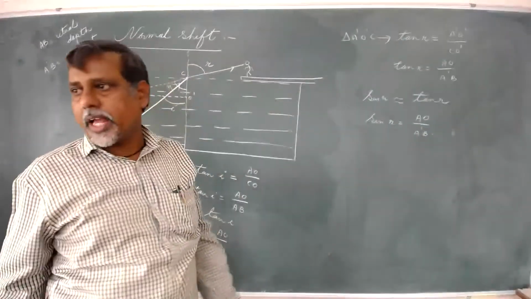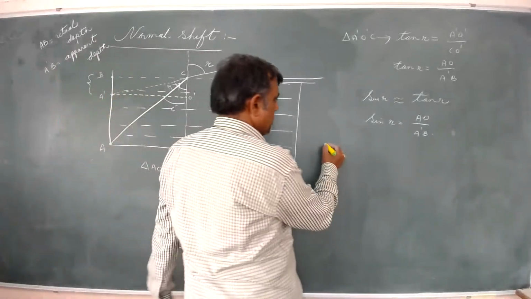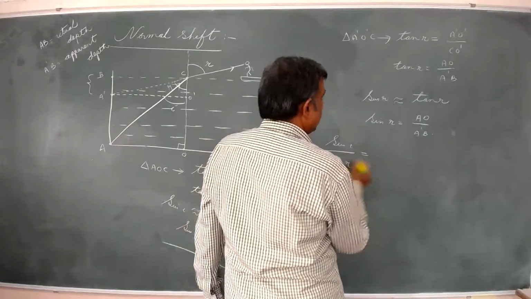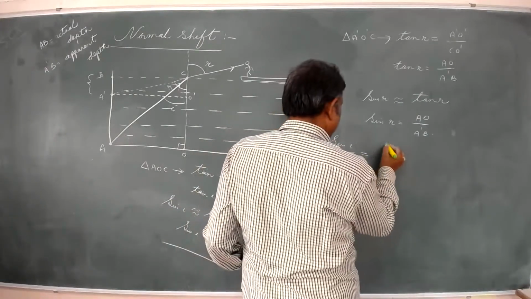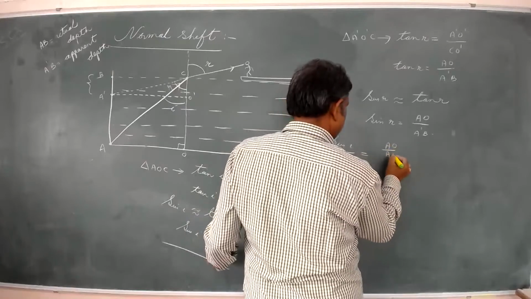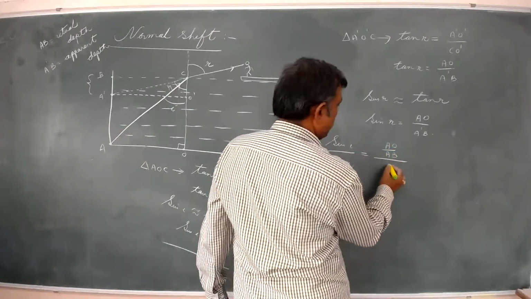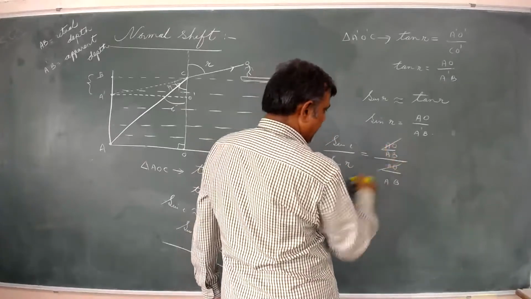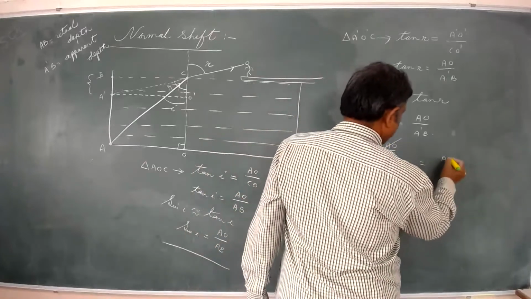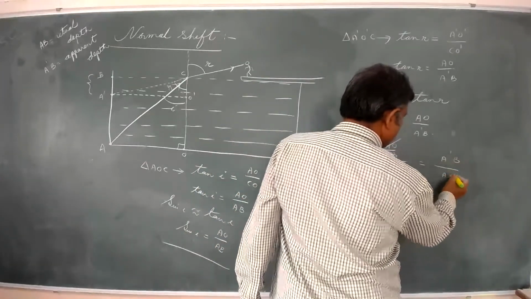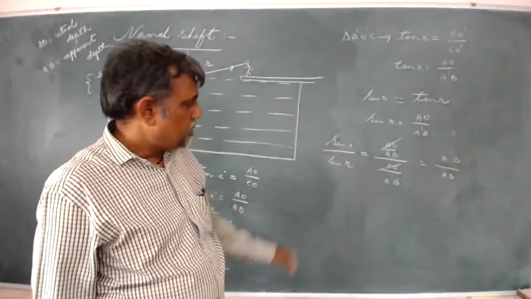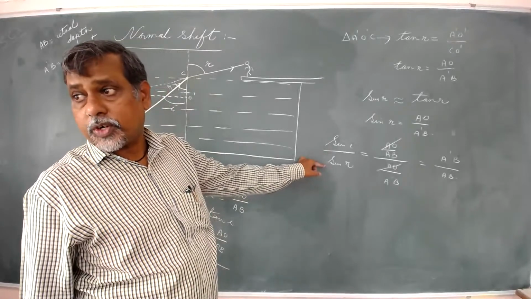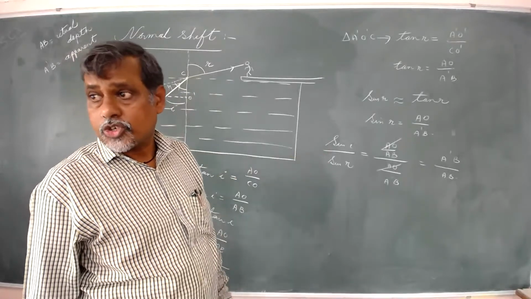Now what I do is take Snell's law. Sin I by sin R. What is sin I? AO by AB, divided by sin R, which is AO by A dash B. These two things will get cancelled out. So that is equal to A dash B by AB. If I write sin I by sin R, what do I get? Refractive index of what with respect to what?